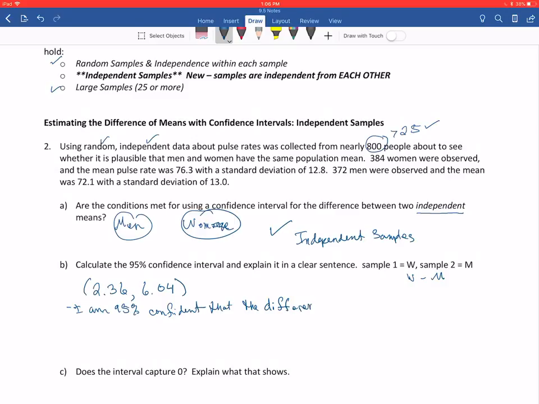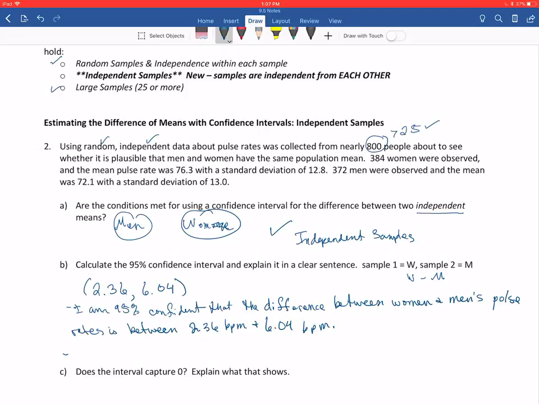So that the difference between women and men's pulse rates is between 2.36 beats per minute and 6.04 beats per minute.